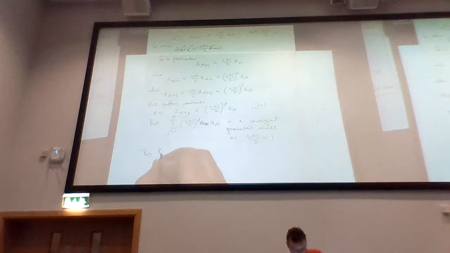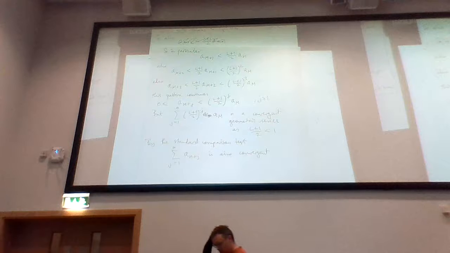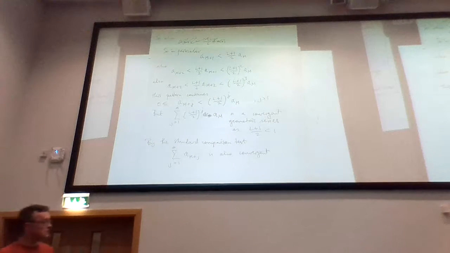So we can say by the standard comparison test that the sum from j equals 1 to infinity of a_{M+j} is also convergent. So as well as the ratio test, we're making use of the standard comparison test.